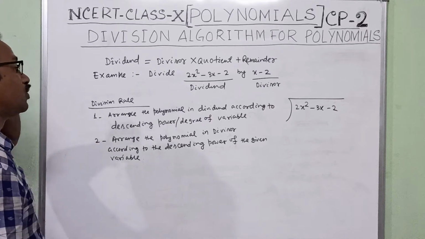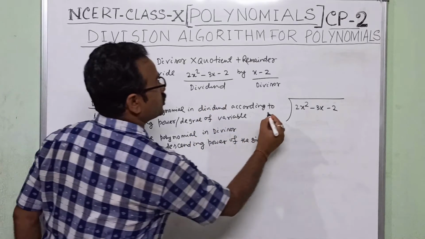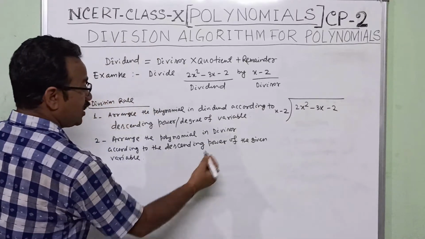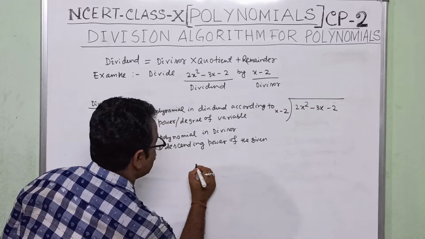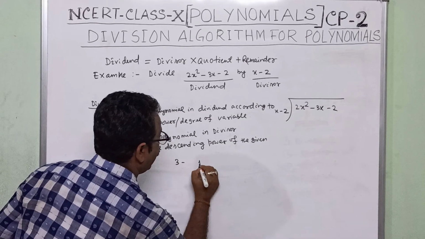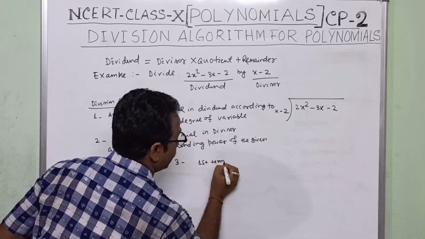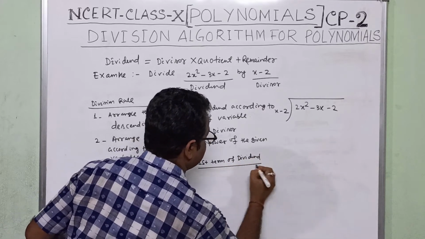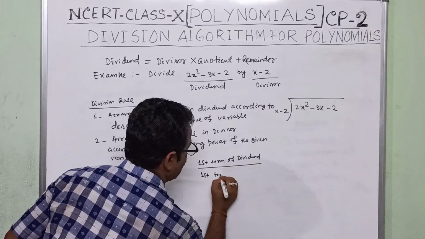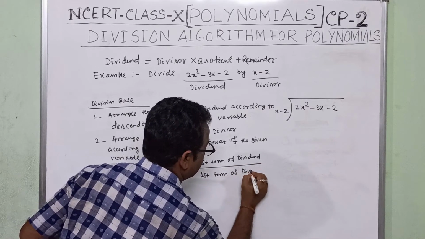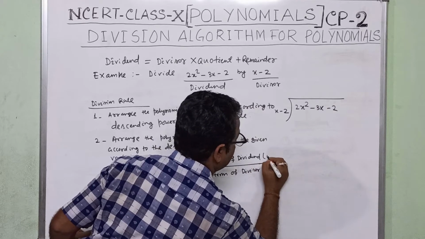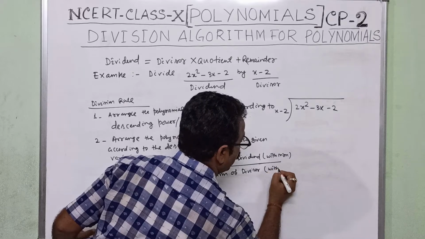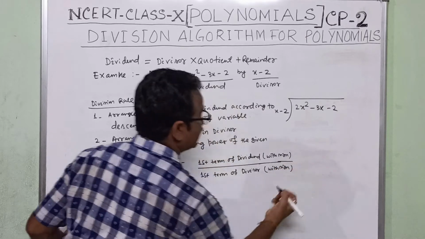So now we'll proceed. Here is given x minus 2. Now how to divide? Division rule 3: divide the first term of the dividend by the first term of the divisor, with sign. Sign must be there.